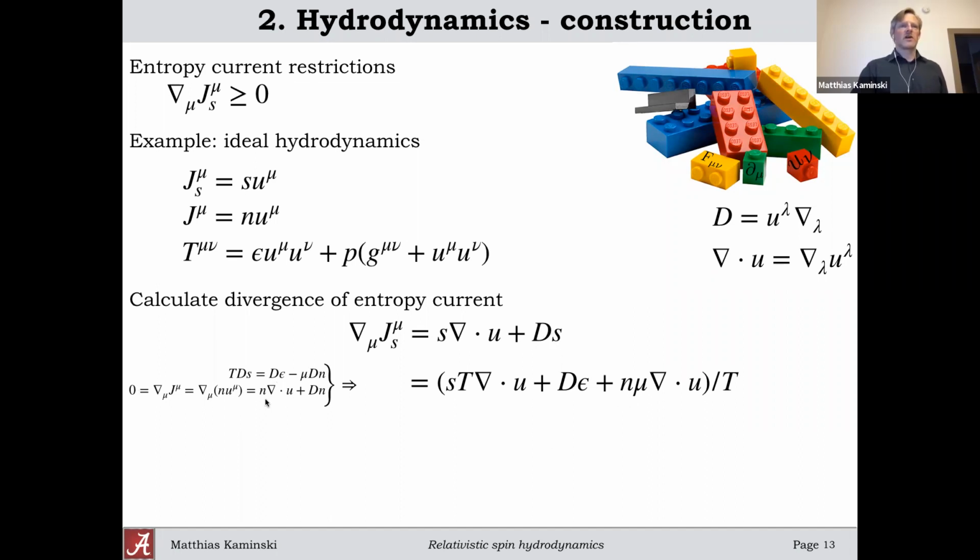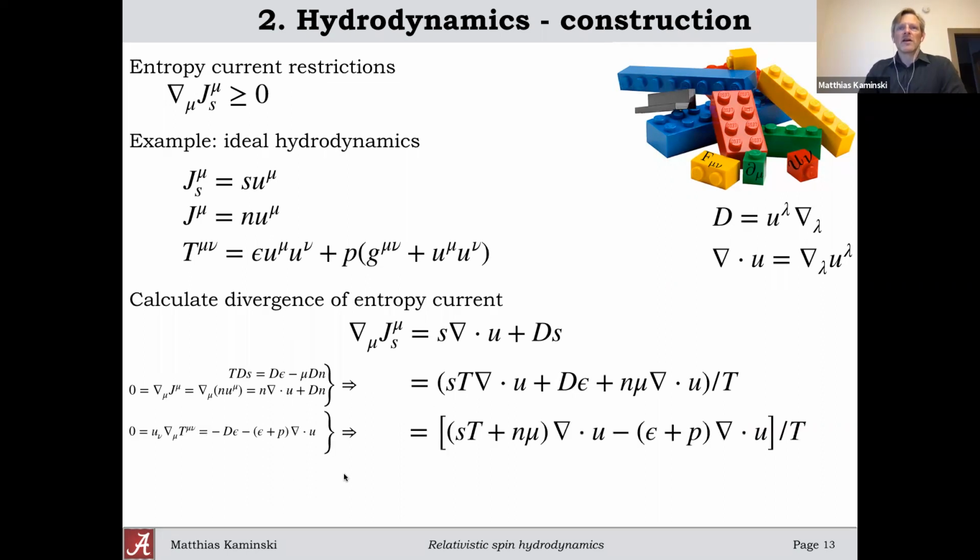With this, you also find that these other terms appear. After this step, you can rephrase this by using the energy momentum tensor conservation equation. The energy momentum tensor is conserved, that's this equation, but we project it onto the fluid velocity.